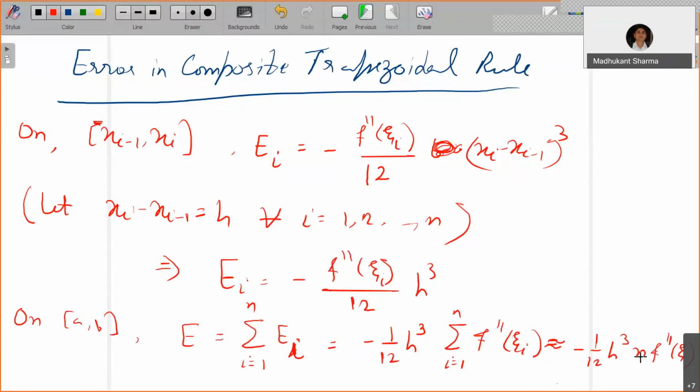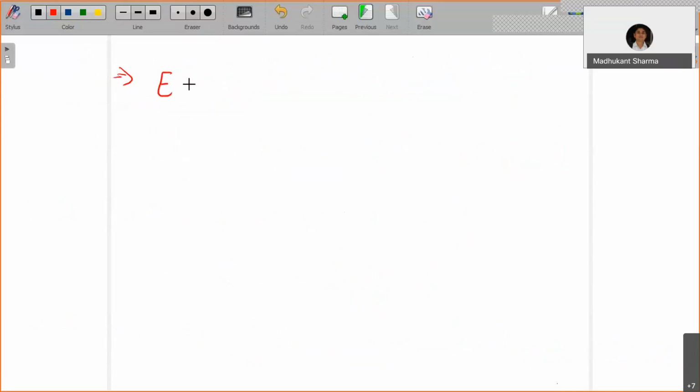Here n you have to determine, how many intervals you are going to take. Now you can adjust n with the h cube as well. So h is (b minus a) by n, so n got cancelled, and the total error will be minus 1 by 12 times (b minus a) times h square f second derivative at z, where z is some point in the interval a to b.